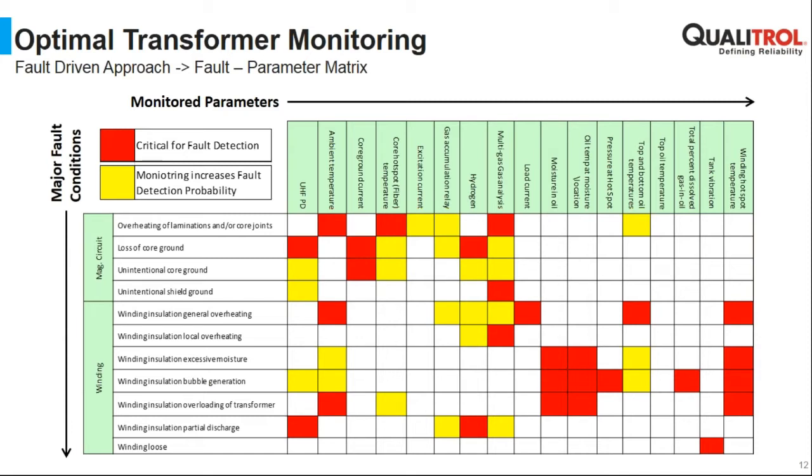And why three parameters? It's also a question of confidence. If, for example, you have a partial discharge monitor on the transformer and you just get partial discharge, you most probably want to know why. If you get some more information, for example, that the core ground current is changing in a certain way, and you have, of course, high hydrogen, then you have a higher confidence in making the assessment that it might be related to the loss of core ground.